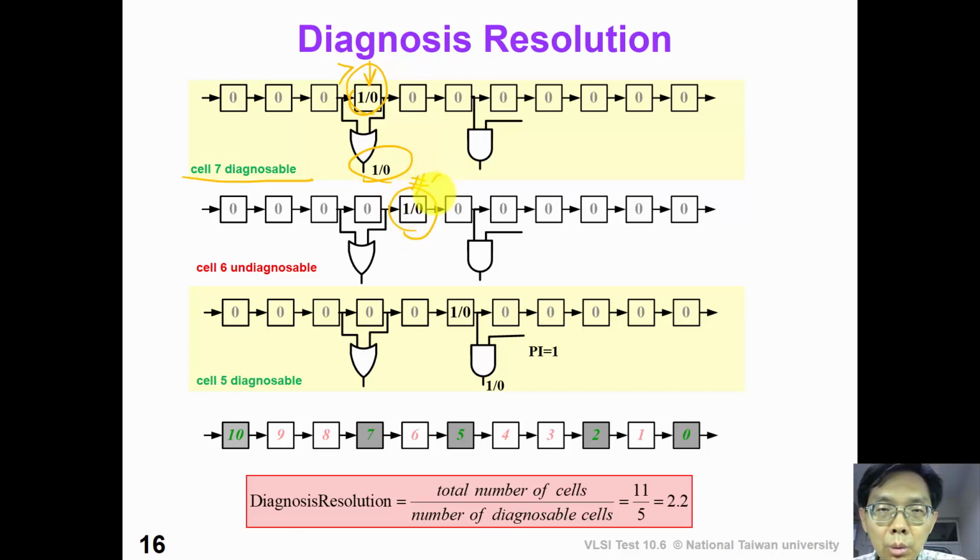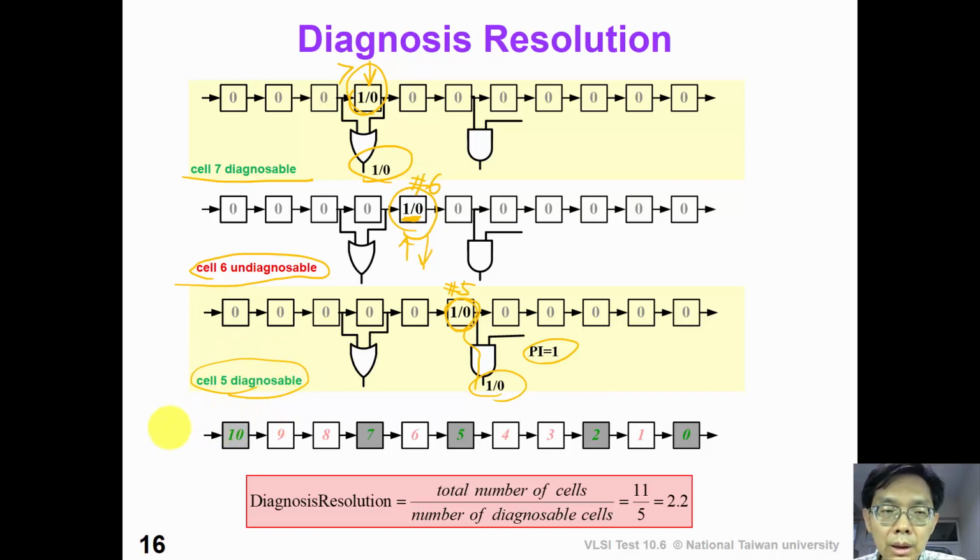Now we have one single 1 sensitive bit at scan cell number 6. Since there is no logic coming in or out of the scan cell, this scan cell is undiagnosable. Next, we move the sensitive bit to scan cell number 5. When we apply primary input equal to 1, we can sensitize this fault effect and observe it at the output. So cell 5 is again diagnosable.